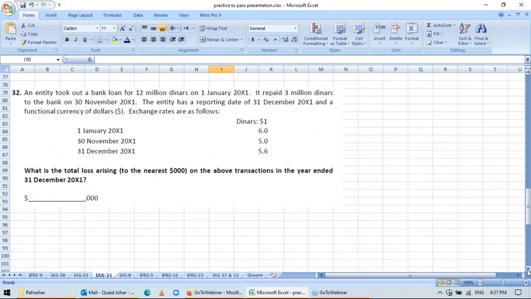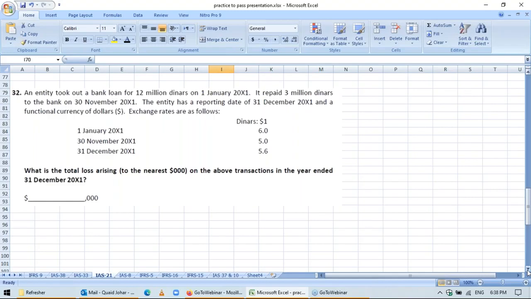The entity took out a bank loan for 12 million dinars on 1st of January 2001. It repaid 3 million dinars to the bank on 30th November 2001. The entity has a reporting date of 31st December 2001 and a functional currency of dollars. So their currency is dollars.